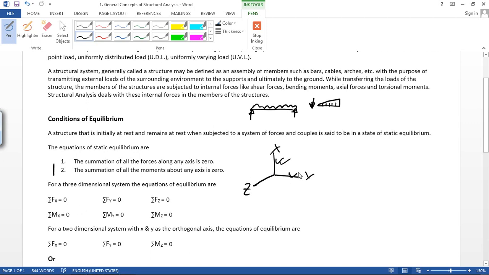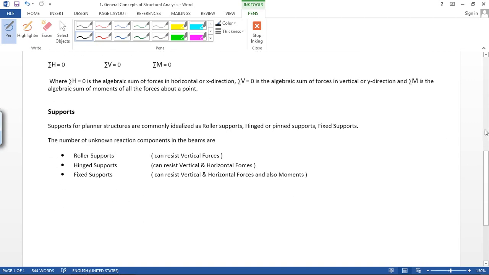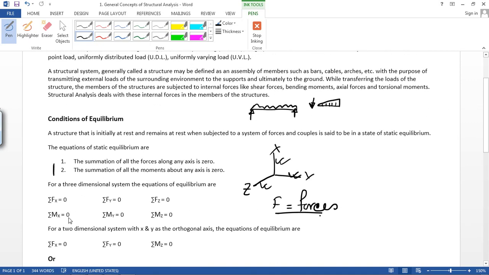All forces in y direction is equal to 0. F means forces. And in the z direction, all force is equal to 0. Summation of the force is equal to 0. Similarly, the moments in the x direction is 0, moments in y direction is 0, and moment in z direction is 0.